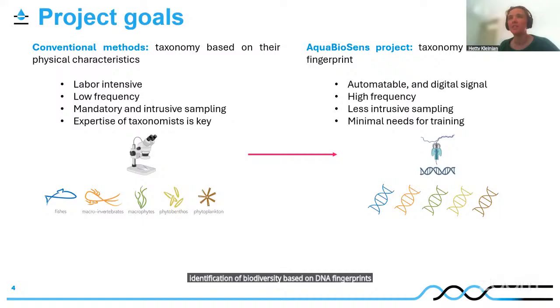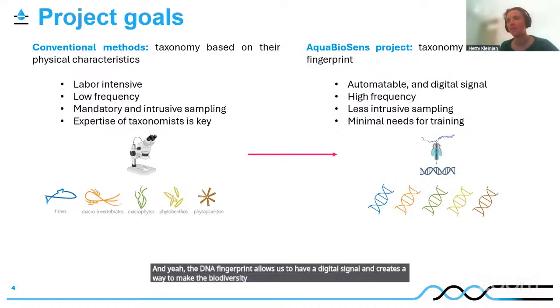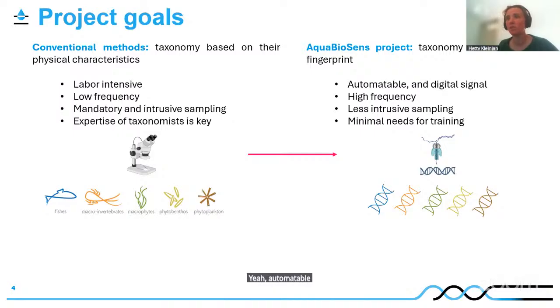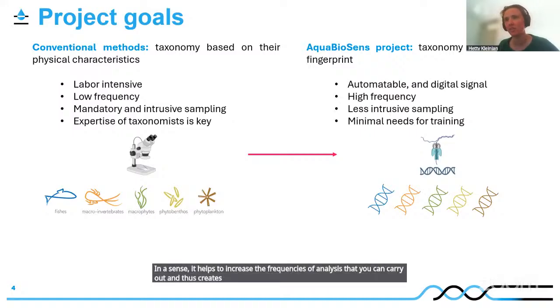And the DNA fingerprint allows us to have a digital signal and creates a way to make the biodiversity assessment automatable, and in a sense it helps to increase the frequency of analysis that you can carry out, and thus creates a higher resolution of data over time.